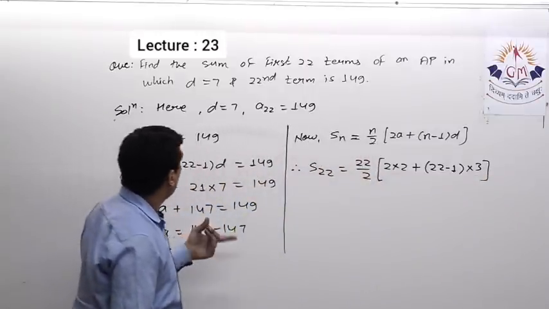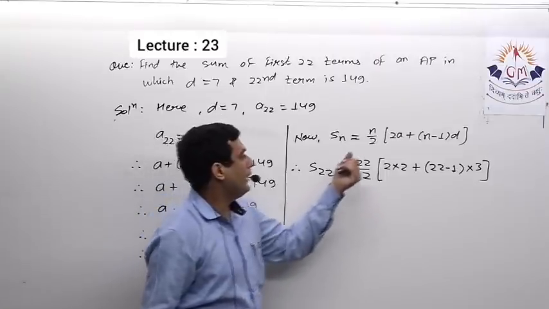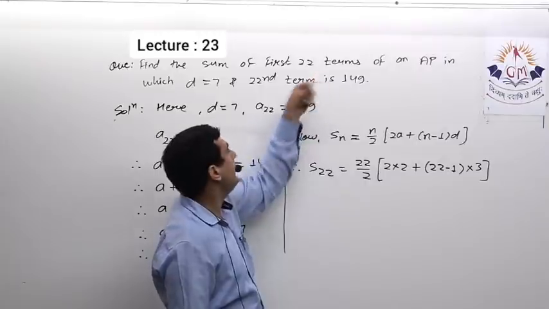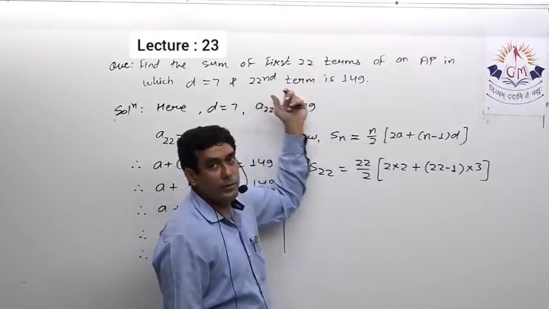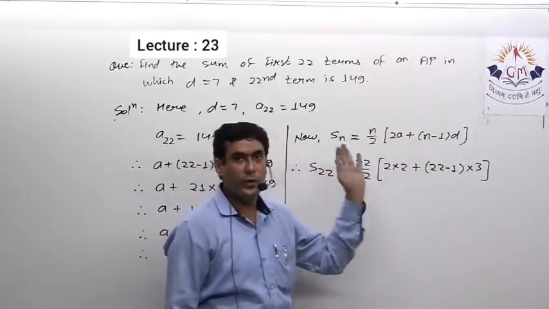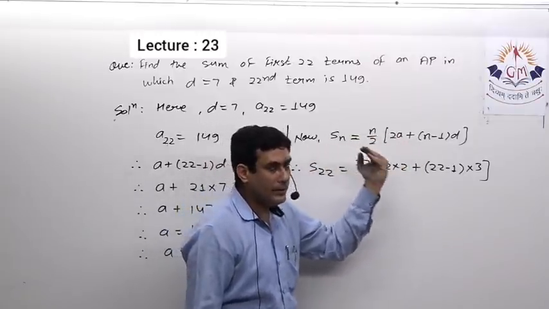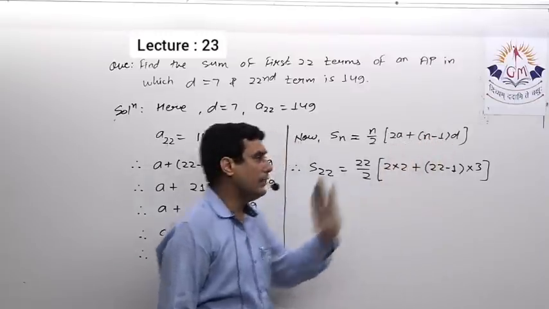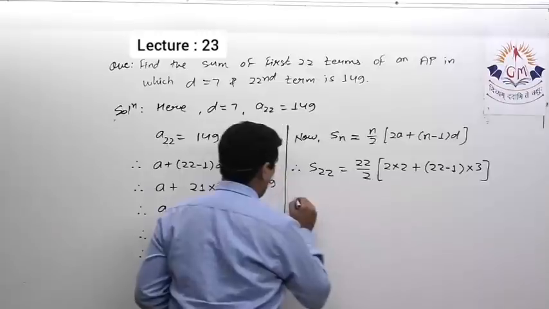We can use one more formula over here, n by 2 into a plus l, because we have to find the sum of 22 terms and a22 is given. It has only 22 terms, so the 22nd term will be the last term, and I can use that formula as well.